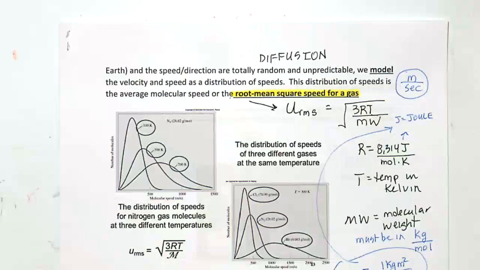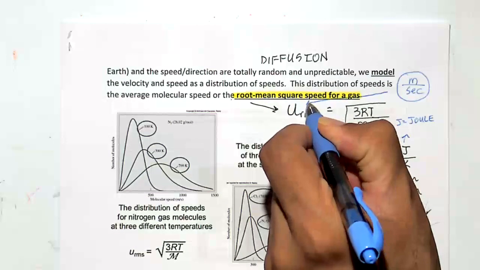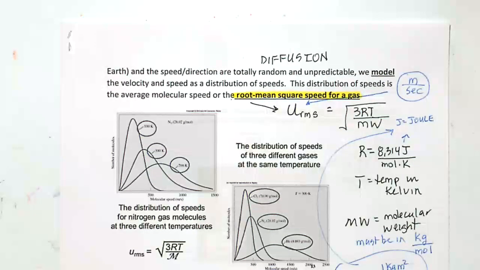If we're driving my car, or your car, it'd probably be miles per hour. But here, in this context, the distance is meters, the time is in seconds. You guys coming to work or school, the distance is miles, the time is hours. So this is speed, but it's called root mean square speed because every oxygen gas, every nitrogen gas, every fluorine gas, every CO2 gas will have a different speed.